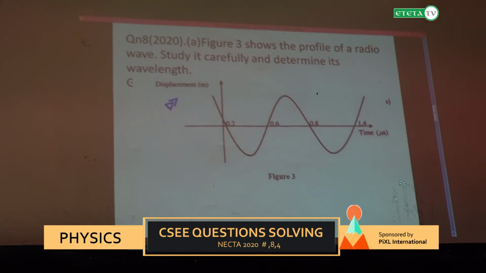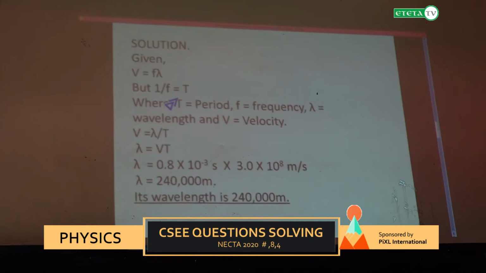It is a constant given in the question paper.